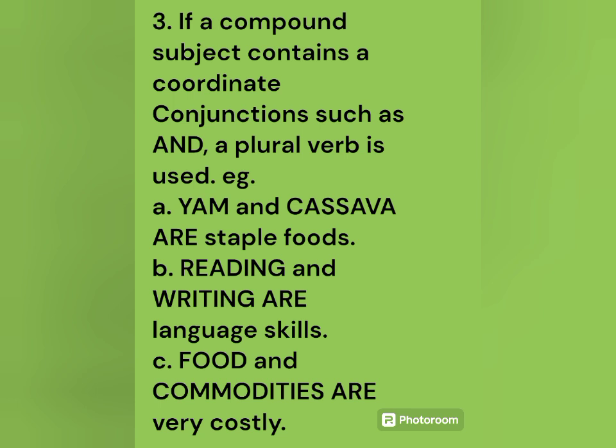You see here we have two subjects, yam, cassava, put together with and. So the compound subject here goes with the plural verb are. The second sentence says reading and writing are language skills. You will see that it goes with the plural verb are.